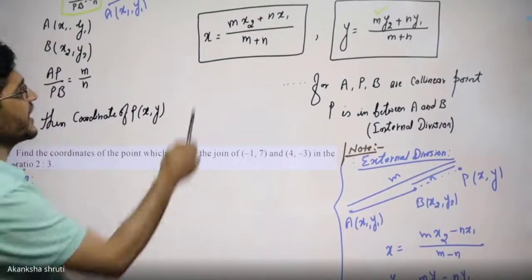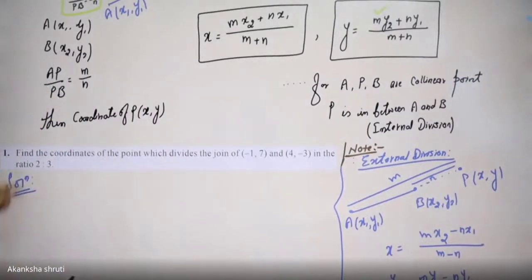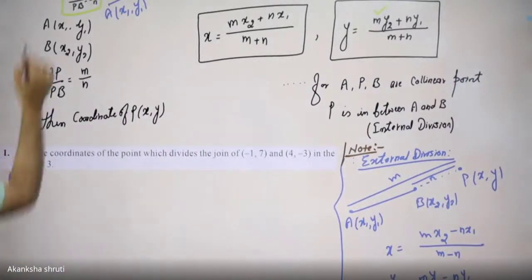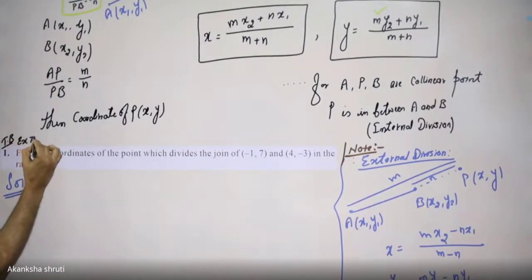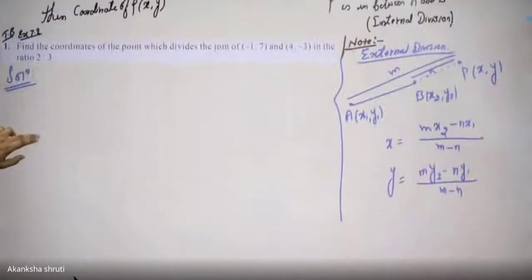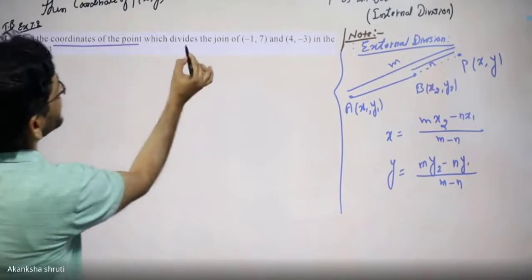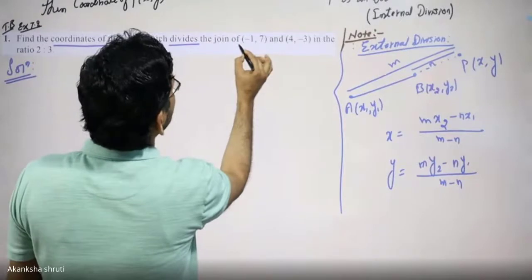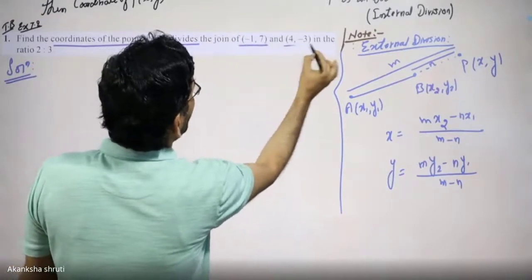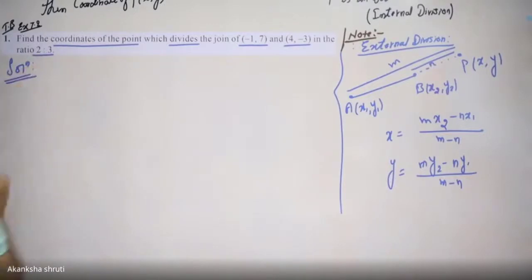Students, to understand how this sectional formula is applied, let us take one question. This is the question of your textbook, exercise 7.2, question number 1. Students, the question is like this. Find the coordinates of the point which divides the join of (-1, 7) and (4, -3) in the ratio 2:3.